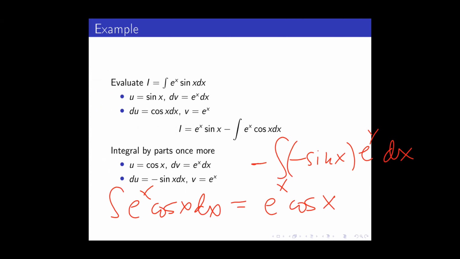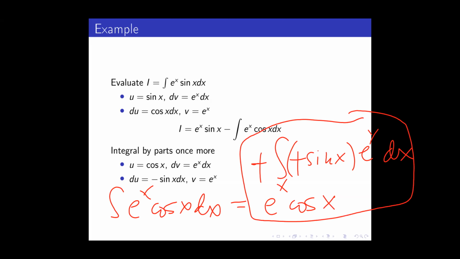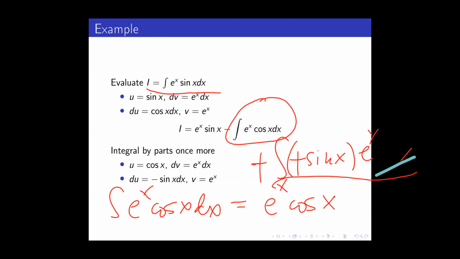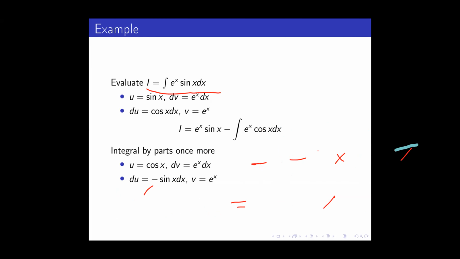Okay, so this minus sign cancels, right? So you can make it plus. So this explains the square brackets on the next slide. So this integral now, I replace by e to the x cosine x times this plus this, but this is exactly our I. So let's go to the next slide. So this is what we just computed.